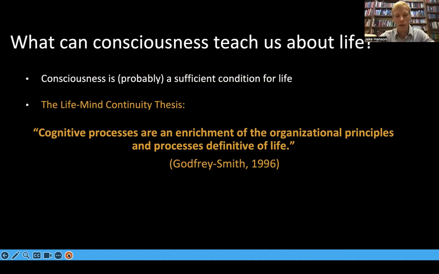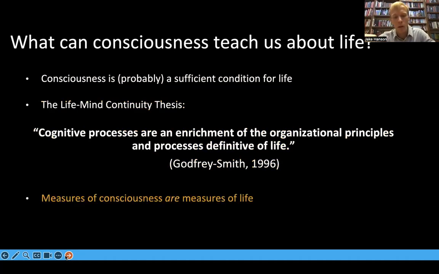It's all the same spectrum. So in this context, basically, the argument is that measures of consciousness are measures of life. So I don't need to invent my own measure of life because we have these tailor-made measures of consciousness, such as phi in IIT. Can I ask a question now?